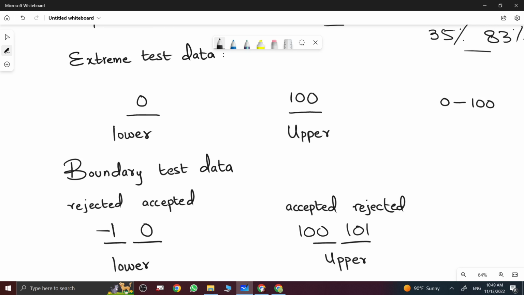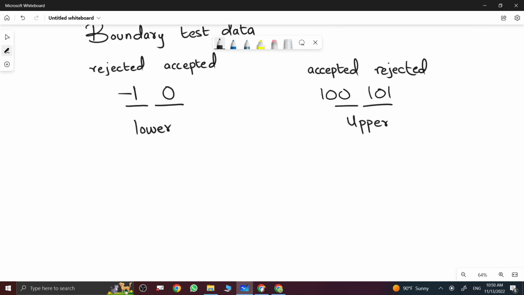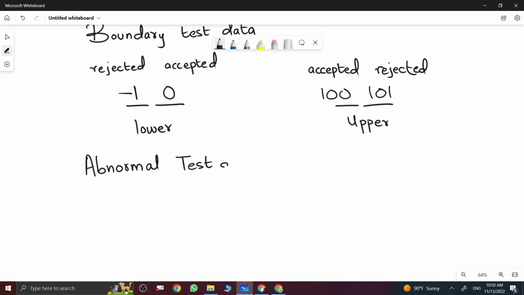Now quickly moving towards the fourth type of test data that is known as abnormal test data. There can be different types of abnormal test data for this example. The first thing is if your data is violating the type check, that is, if the value is not a whole number. Let's suppose you enter something as a string.